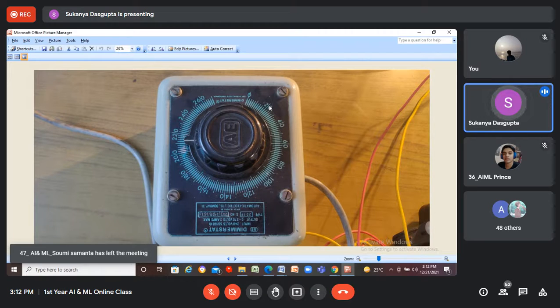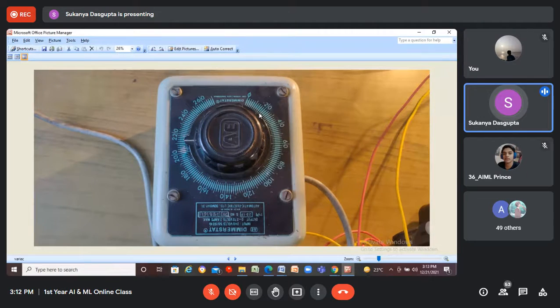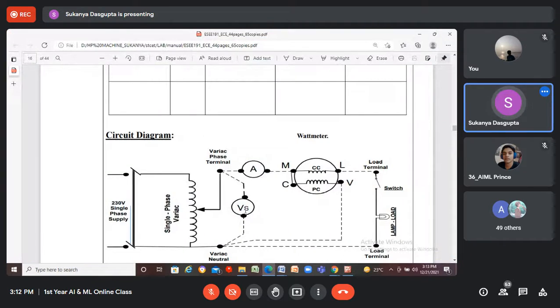It may be higher or lesser than 20 volt. And the 80 marking does not signify that if the knob is exactly at 80, you will observe exactly 80 volt from this voltmeter.